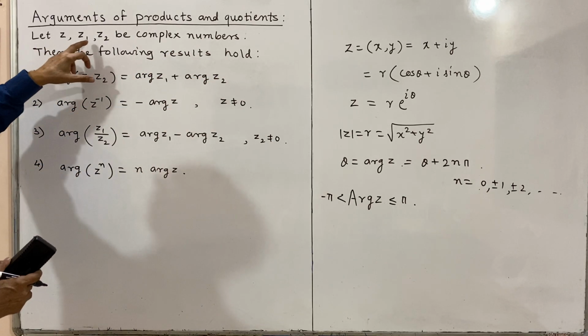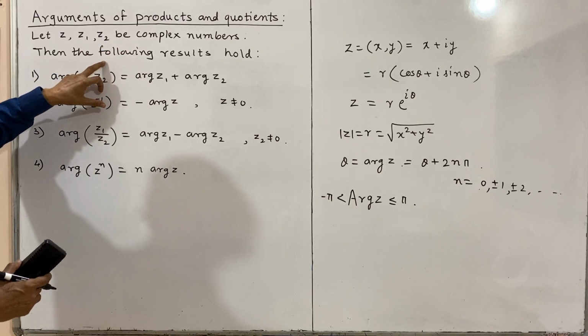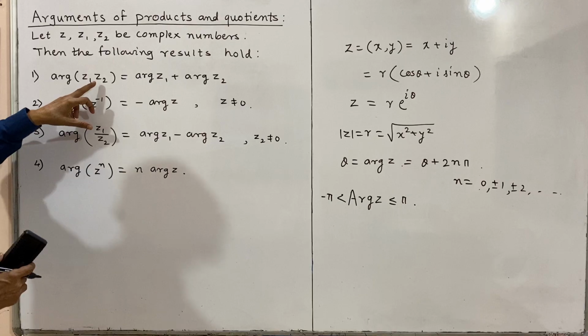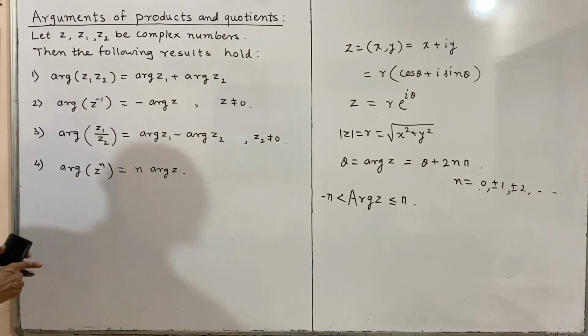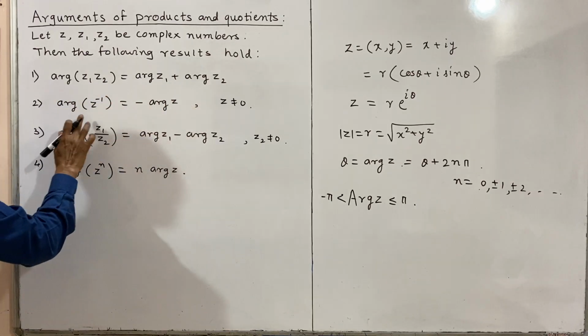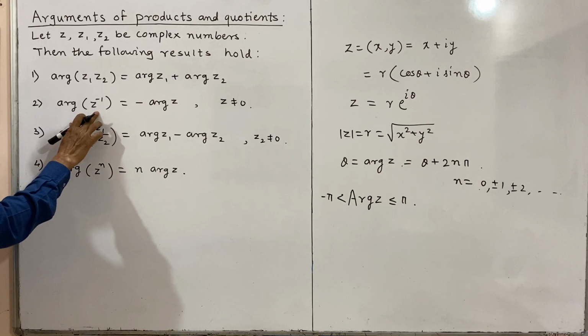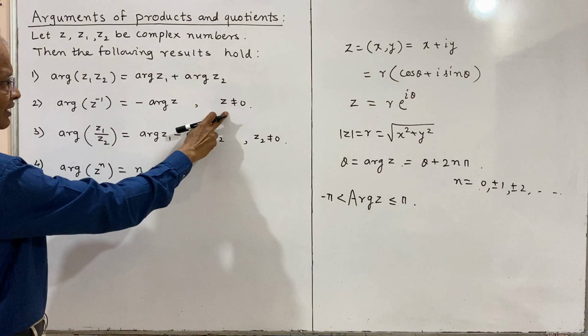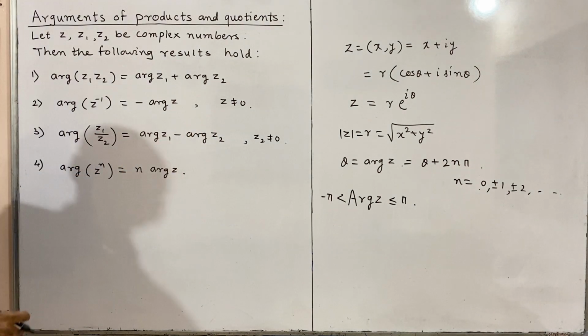Let z, z1, z2 be complex numbers, then the following results hold. First, argument of z1 z2 is equal to argument z1 plus argument z2. Second, argument of inverse of z is equal to negative argument z; here z must not be 0.